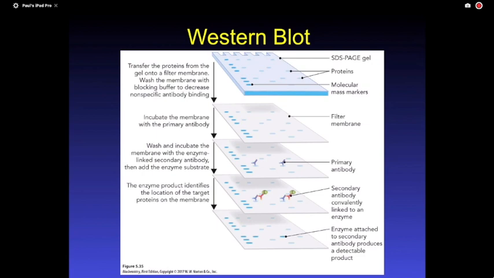And if the protein of interest that you're looking for is there, the antibody will bind to it, and then you will get some sort of signal from it. Okay. In this case, again, the sample could have hundreds of proteins. You're looking for one. Is it there or is it not? And is it there in high concentration? Is it there in low concentration? What you're going to be comparing is the different experimental conditions.